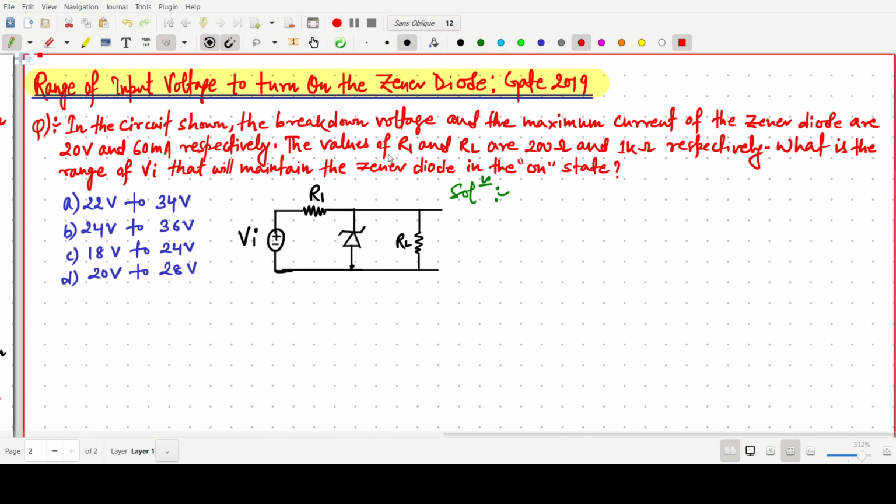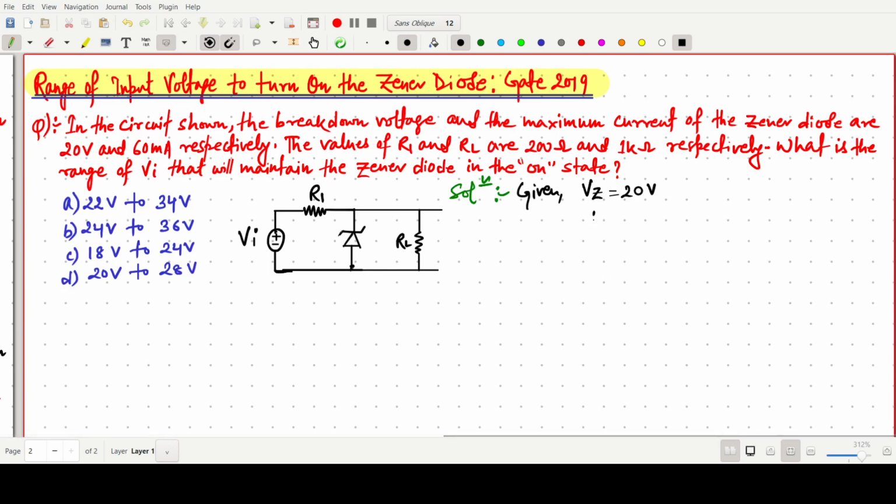In this question, a Zener diode is given, and for that particular Zener diode, the Zener voltage is 20 volts.